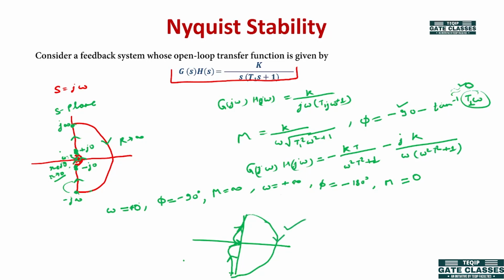So this is our Nyquist curve for this particular transfer function, where this is ω equal to plus infinity, and this point is ω equal to minus infinity. This point is ω equal to plus 0, and this point is ω equal to minus 0, and this tends to infinity.